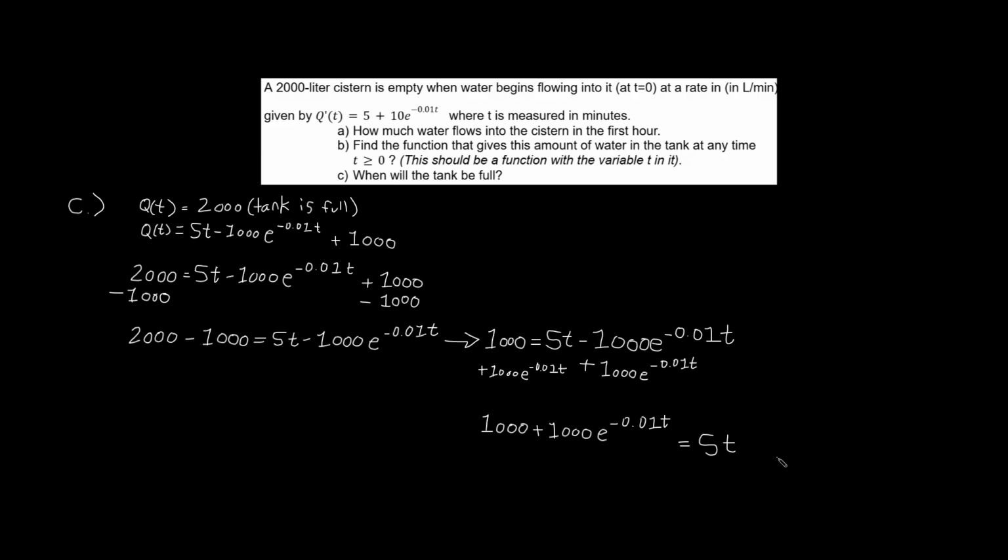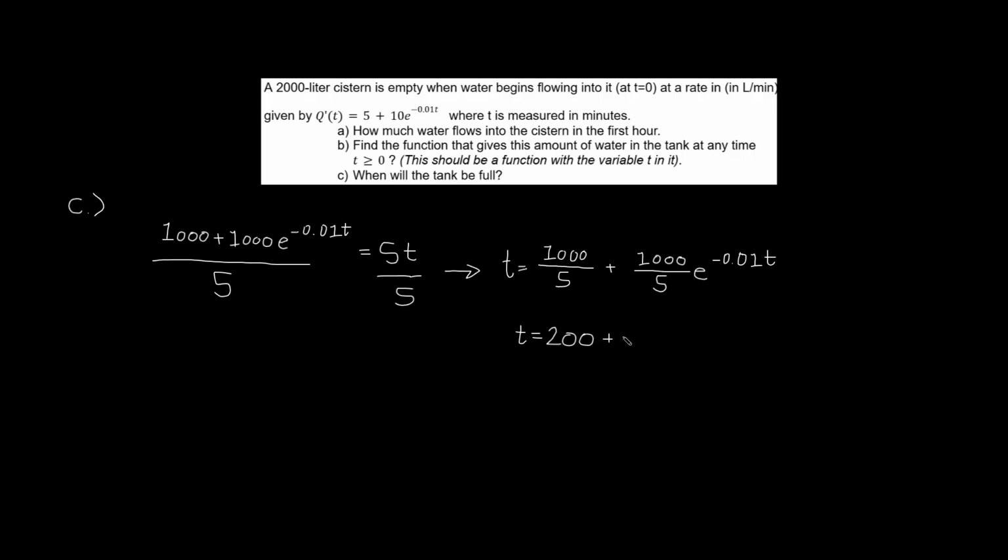This is now an equation where t appears in two different places, and it's called a transcendental equation. Transcendental equations cannot be solved with basic algebra only. However, if you give me some room here, we can divide both sides by 5. And then upon simplifying the fractions, we'll find that it's going to give us t equals 200 plus 200 times Euler's number raised to negative 0.01 times t.